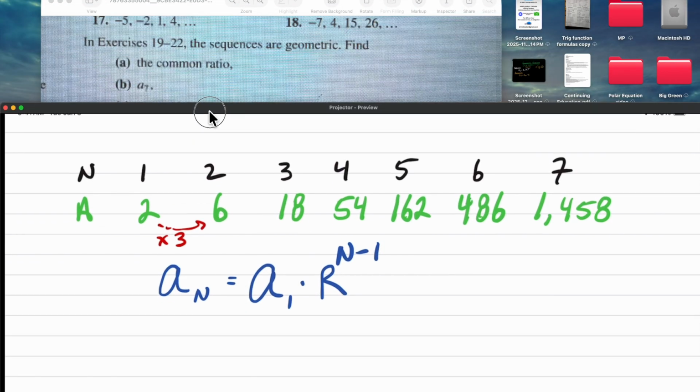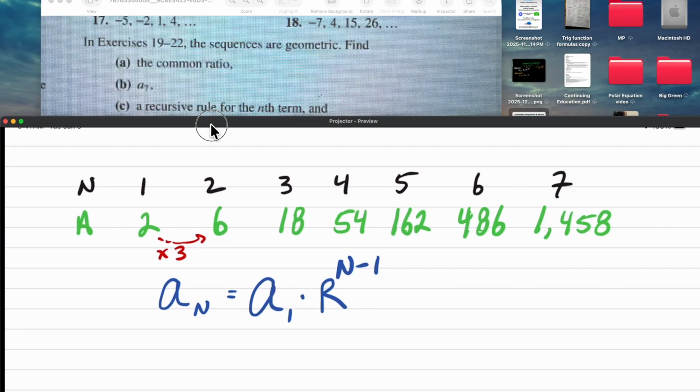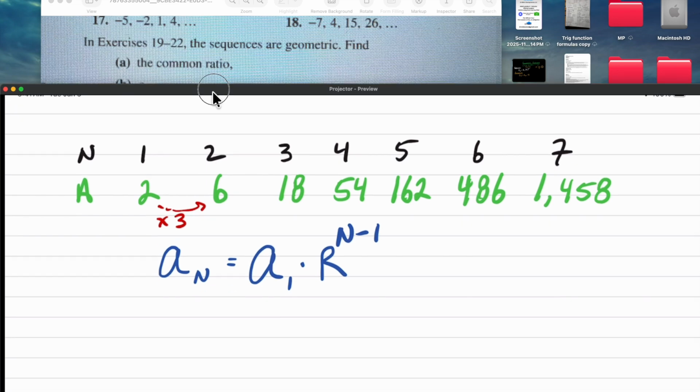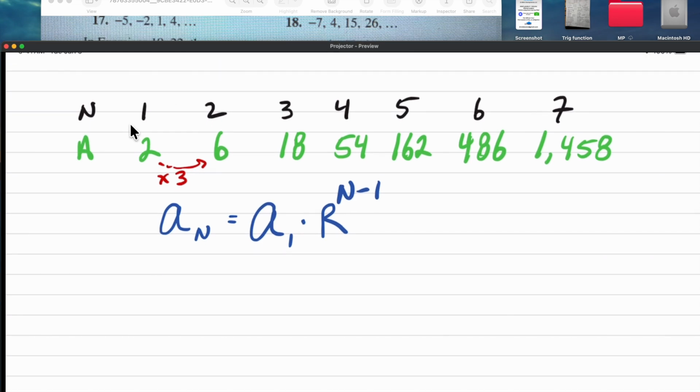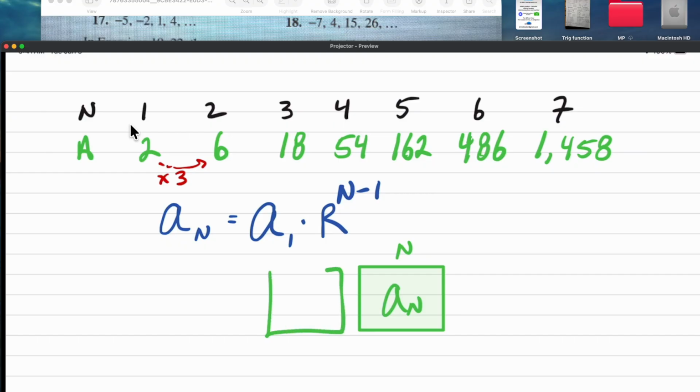Okay, now that we found a sub 7, the amount at position 7, they ask us to find a recursive rule for the nth term. So again, folks, when you hear the word recursive, I want you to think of a reclusive neighbor. So if we want the recursive formula to get a value at a position n, what do we do? We go to the position to its left.